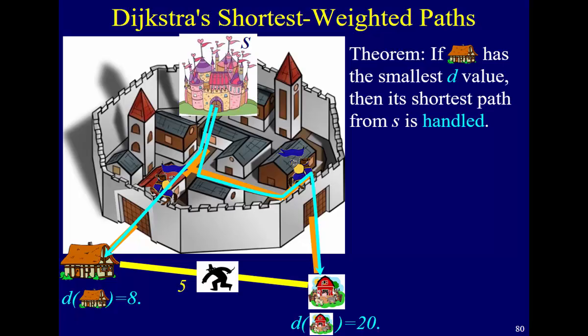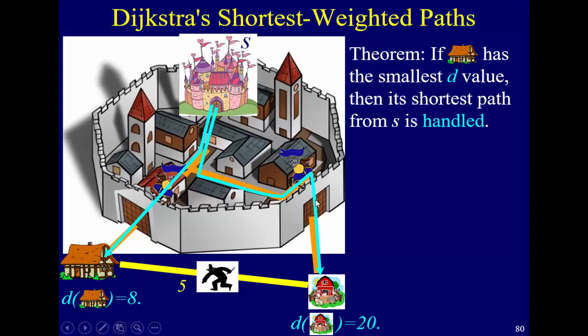Now I'm going to give you a theorem. The theorem is that of the unhandled nodes, look at the house and the barn and whoever is out here unhandled, and take the one that has the smallest d value. Oh, another thing I didn't tell you. All edges are positive. We don't have any negative edges. The algorithm doesn't work with negative edges.